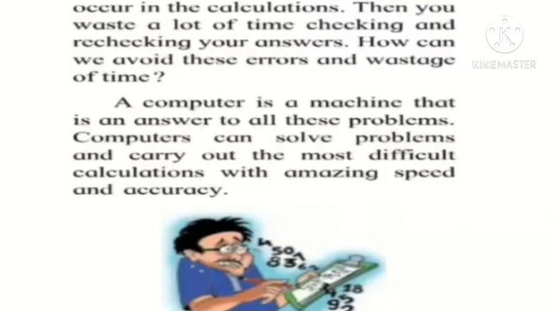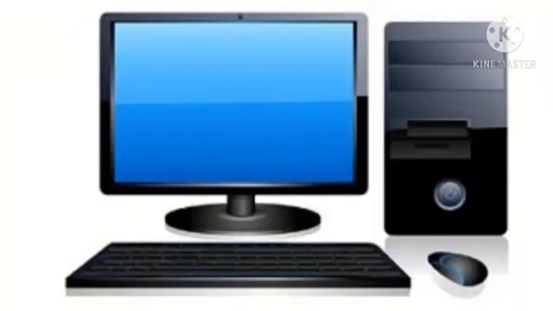Next, a computer is a machine that is an answer to all these problems. Computers can solve problems and carry out the most difficult calculations with amazing speed and accuracy. So, what is the solution to the above problems? As you know, what is a computer?